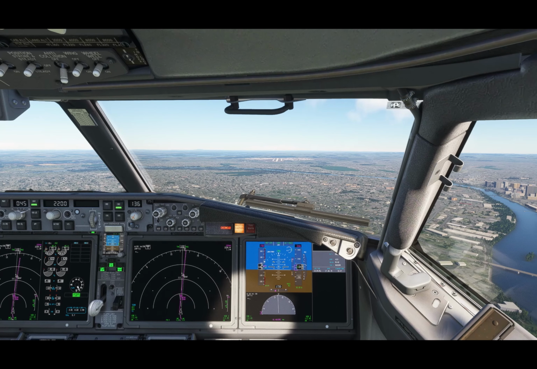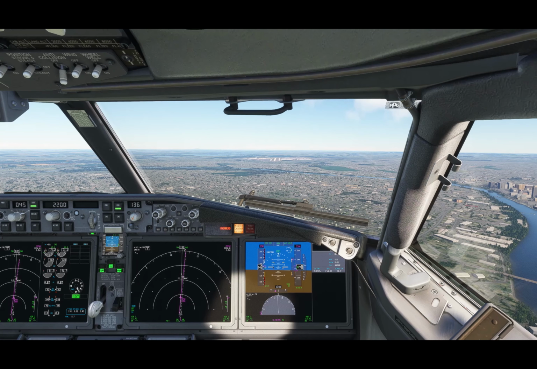When you are clear to land, this is when you want to start getting that sight picture. Now what you need to do is make sure that your descent rate of 1,000 feet per minute is avoided. It's going to happen, but you want to avoid that, and if it does, you need to make sure that you correct it, but don't get yourself into an upset.